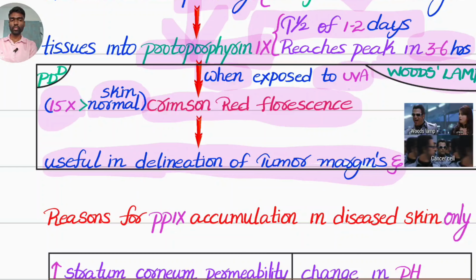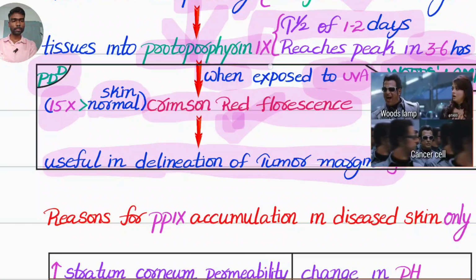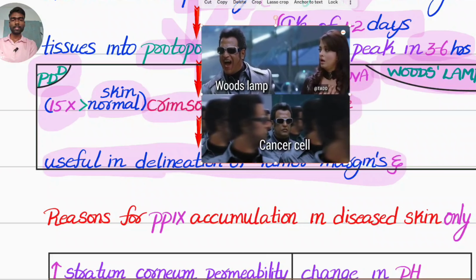Here this UVA light is just for diagnosis, not photochemically activating protoporphyrin 9. Here protoporphyrin 9 is just fluorescing, so it is not for therapy, it is just for diagnosis. So it is called photodynamic diagnosis using Wood's lamp. This meme I have already posted on my Instagram page: Wood's lamp diagnosing cancer cells in photodynamic diagnosis only, not for therapy.